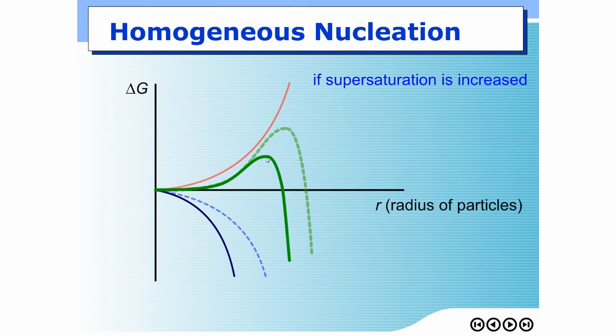Whether or not you consider this position to be critical size or this position to be critical size, it doesn't matter. When you have higher supersaturation level, the critical size becomes smaller. So that means if I want the smallest particles possible, I need the solution to achieve supersaturation as much as I can. So supersaturation is very important to get nanoparticles. Okay?